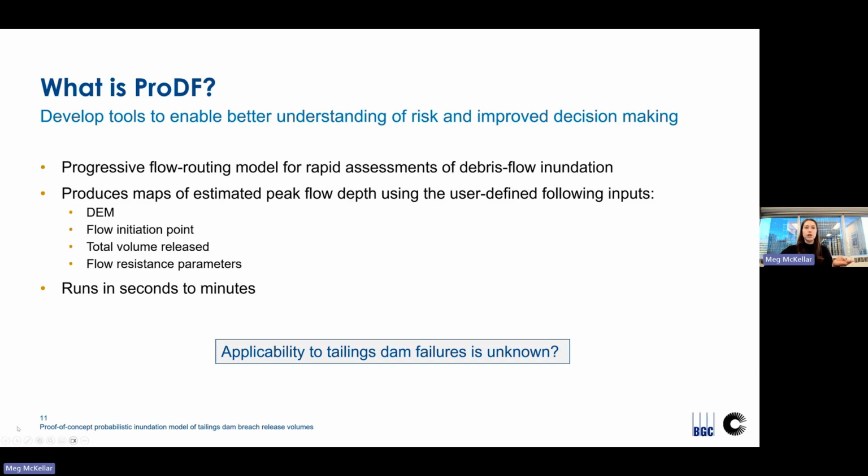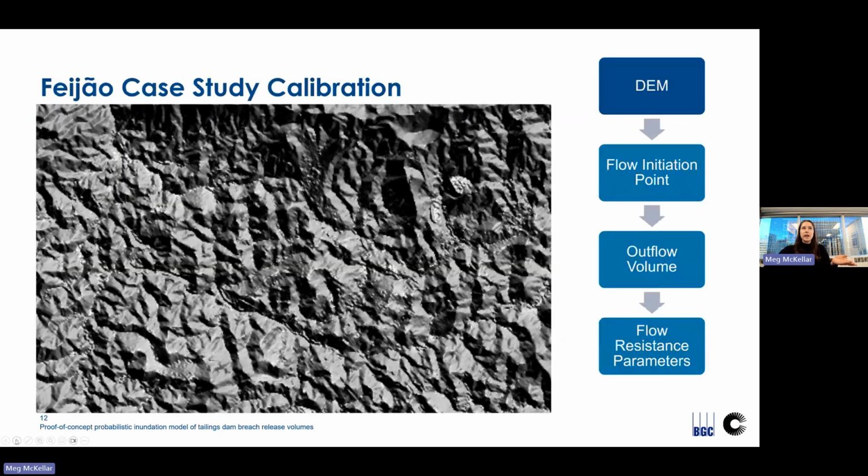And so taking this further, how applicable is this to the tailings dam world and to known failures where we have this information? And so let's give that a try together. So we're going to step through the case study calibration that we conducted for the Fujao failure in 2019. And so what we have on screen is a coarse 30-meter globally available DEM that we've used for the work.